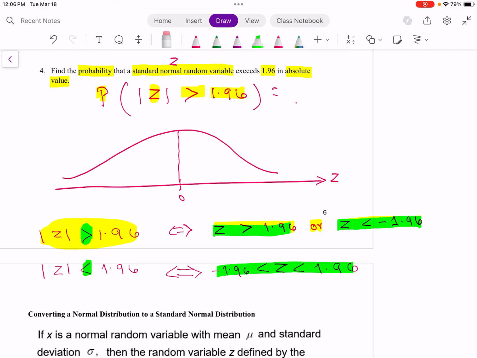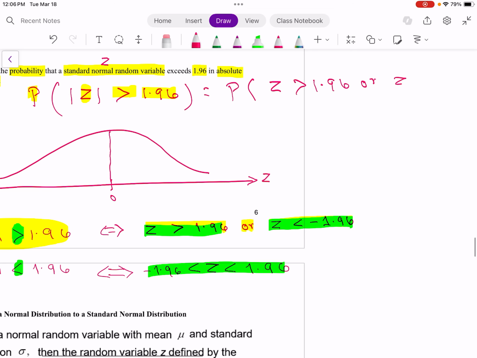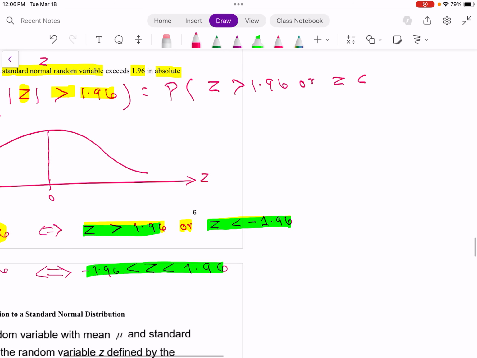So let me rewrite what we are asked to find: the probability that g is greater than 1.96 or g is less than negative 1.96.